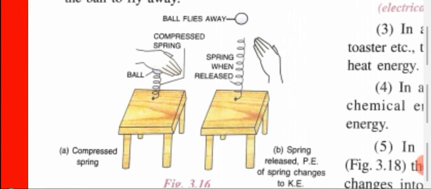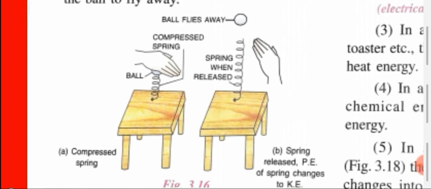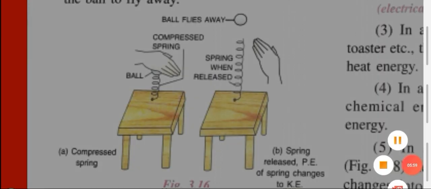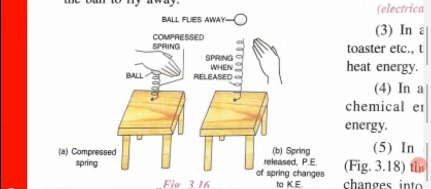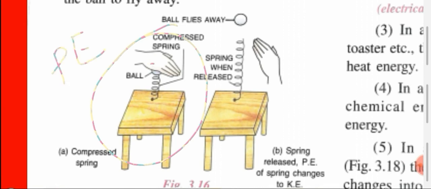In the first situation, it has potential energy because the spring is already in the compressed state. When it is released, what will happen? The spring starts to move. Means potential energy changes to kinetic energy.